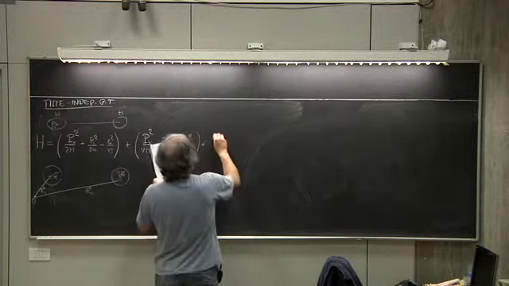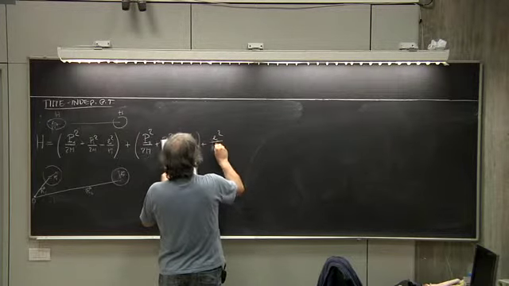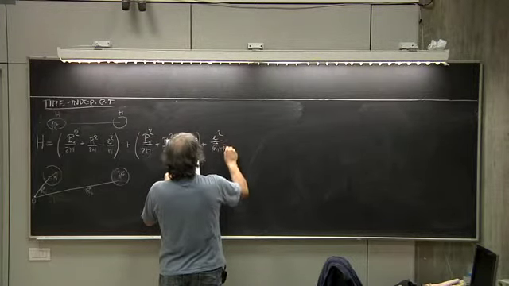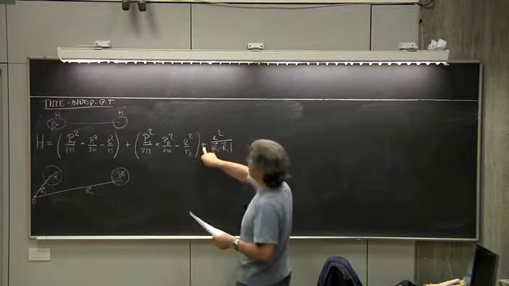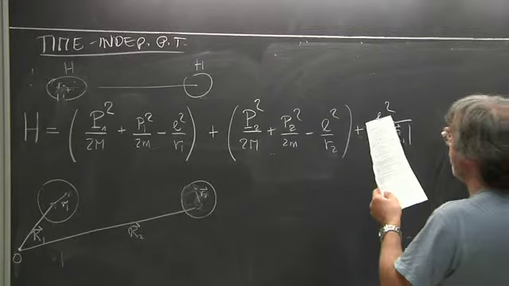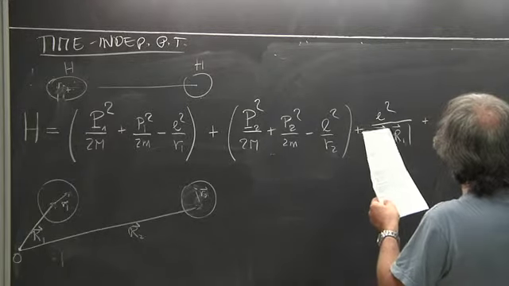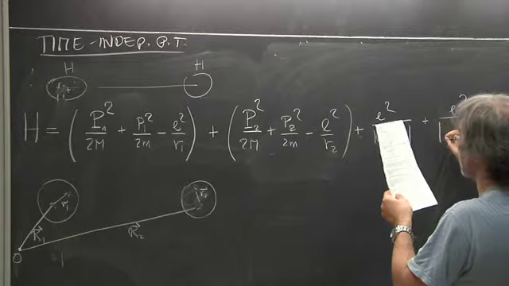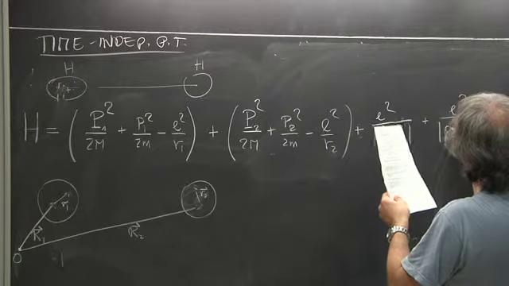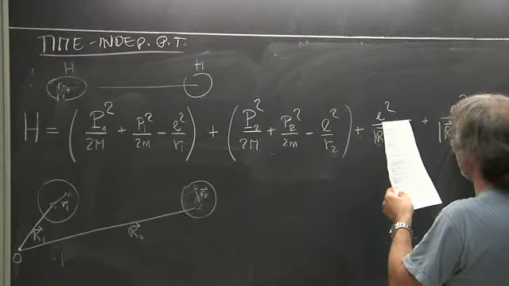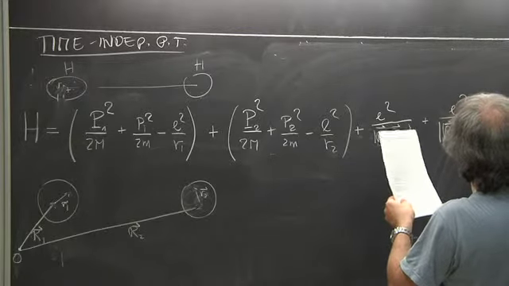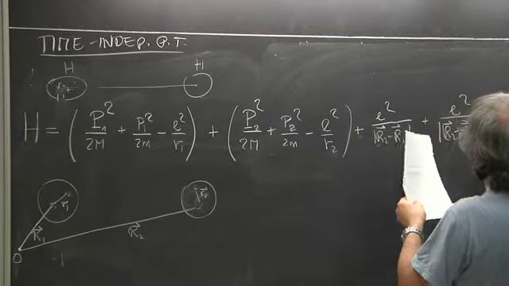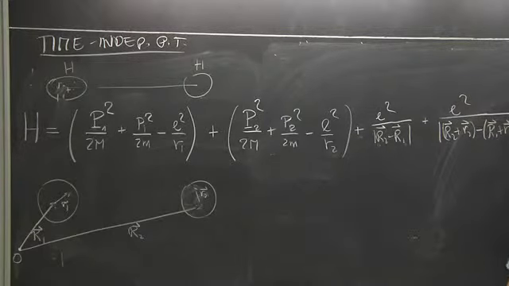So let's write them. e squared over R2 minus R1, the 2 nuclei feeling each other, repulsive. Plus e squared divided by R2 plus small r2 minus R1 plus small r1. What is this? It's the 2 electrons repelling each other.